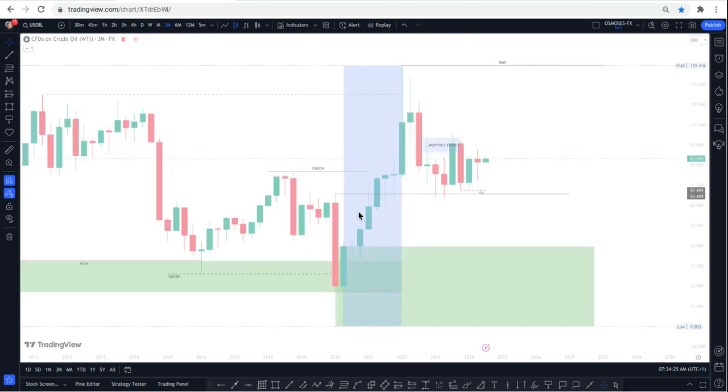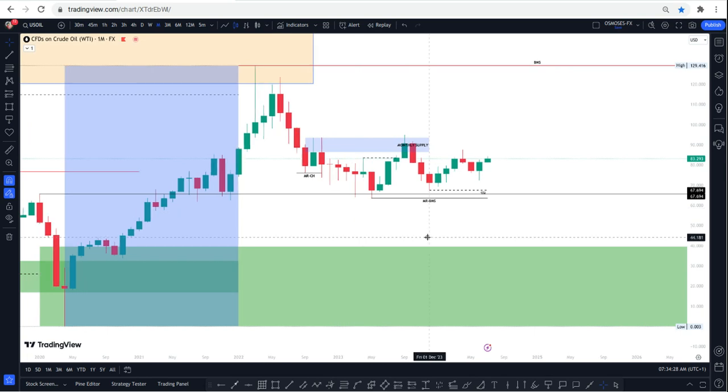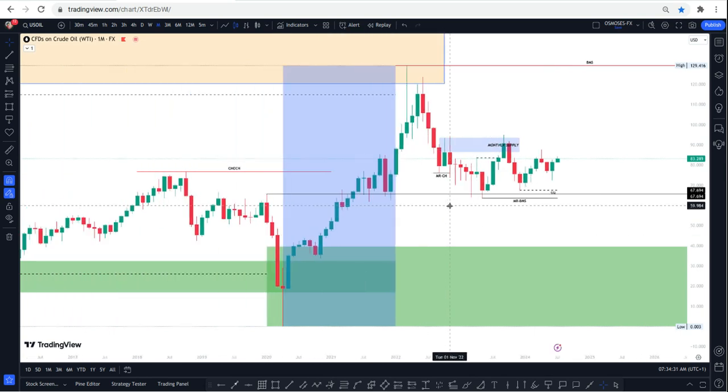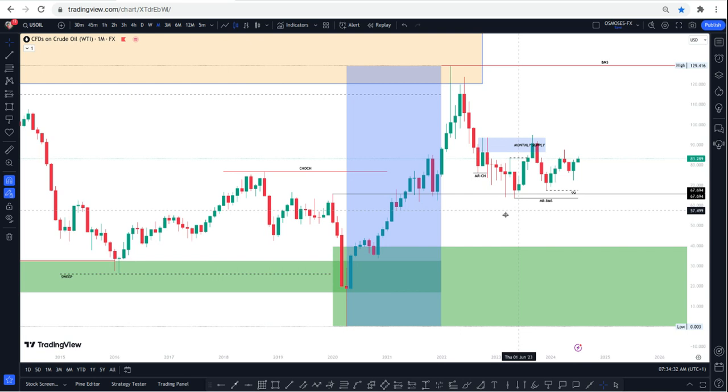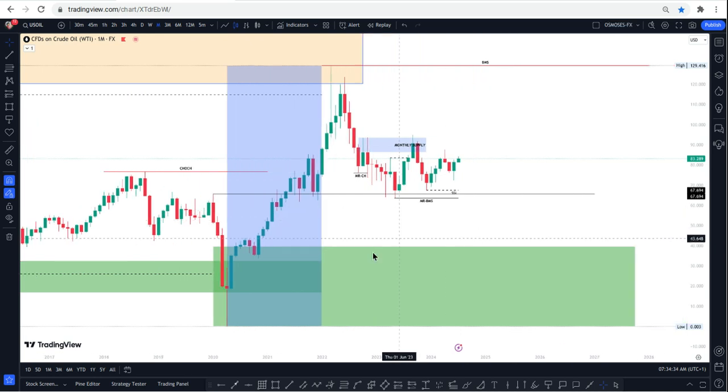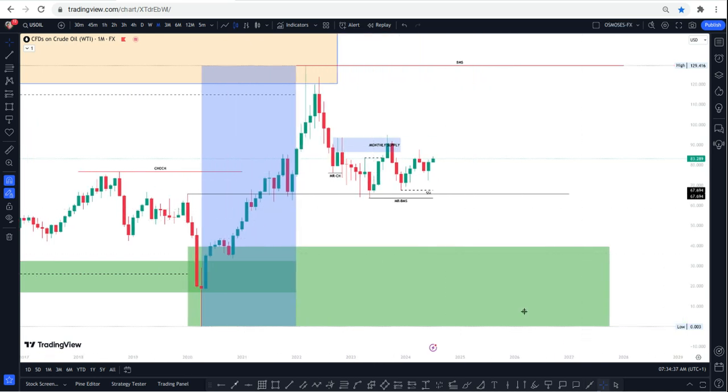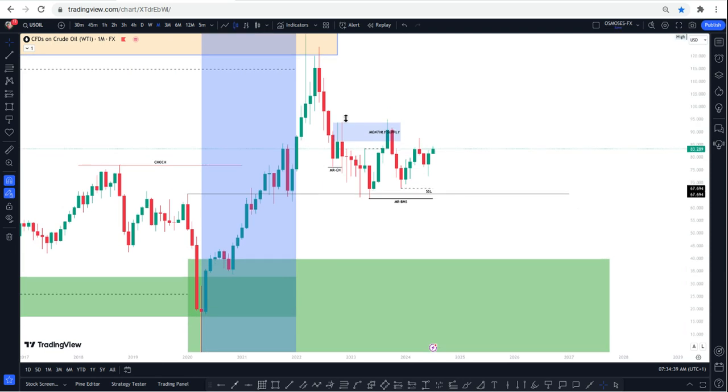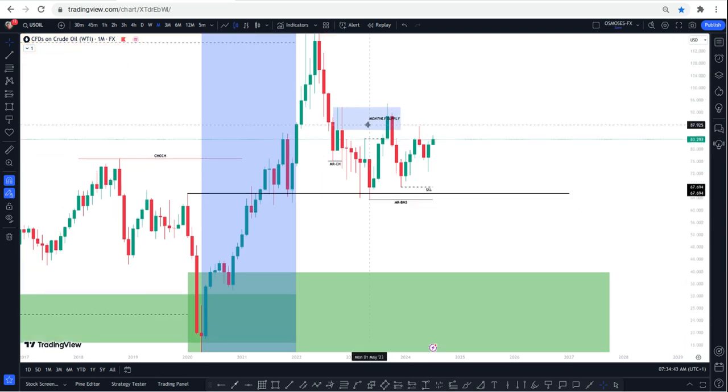So on the monthly we have a sweep now, and let's see how we can use that sweep to our advantage. So here has been swept. So this sweeping here has been swept.